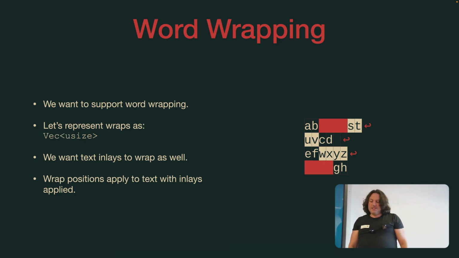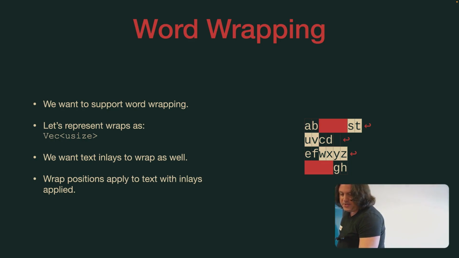I represent that simply as a vector of byte offsets where each wrap should occur. We want text inlays to wrap as well, so we want that to be part of the layout flow. So byte positions for wraps apply to the text with inlays applied. Not sure if that makes sense. So if I have a text of 10 bytes long and I have an inlay of 5 bytes long, then the text with inlays would be 15 bytes long.